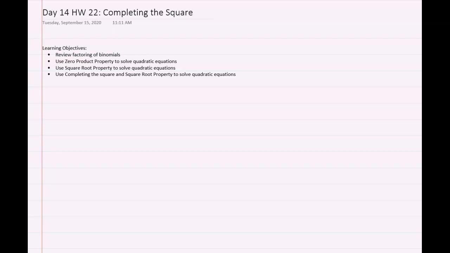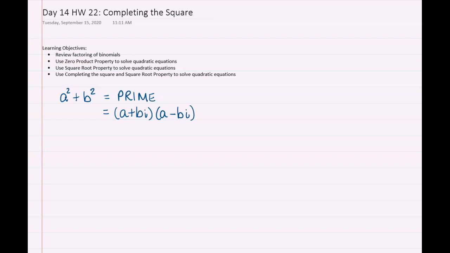What we found out is that if we wanted to factor something that looked like a squared plus b squared, then we knew that the factored form was prime and that we could not factor it. But now that we know a little bit more about complex numbers, we're actually going to find out that we can factor it into a plus bi and a minus bi.